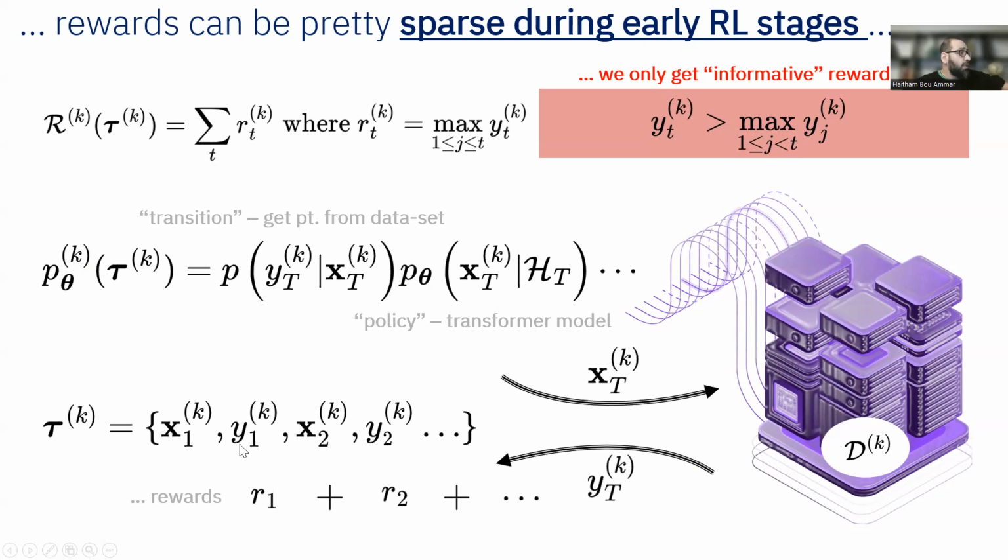For x1, y1, you get r1, which is defined as what we show here. Then we get r2, depending on y2, also as shown here, and so on. This is how we get a trajectory. We start with some history, go to the transformer, and ask what is the xt that I need to pick.